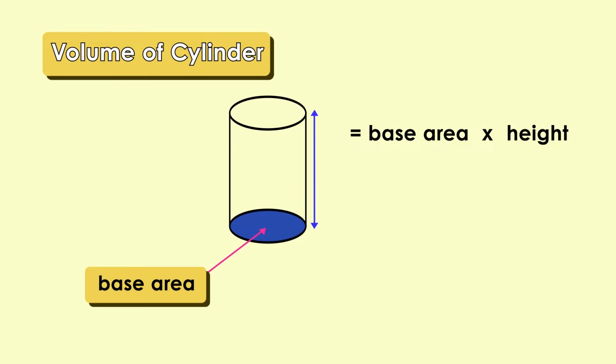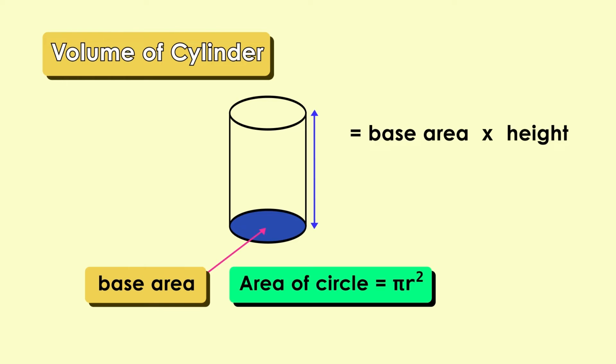Pupils, can you recall the way to find the area of a circle? Excellent! The formula to find the area of a circle is pi r square. Therefore, the volume of a cylinder is pi r square multiplied by h.